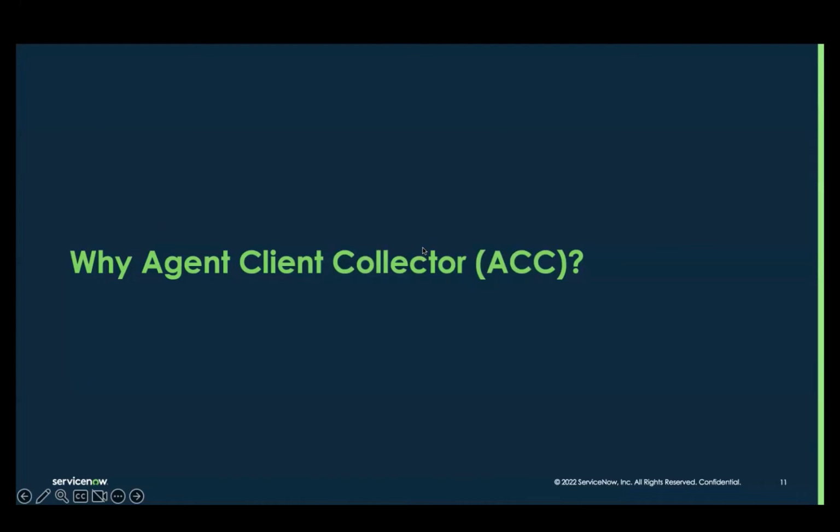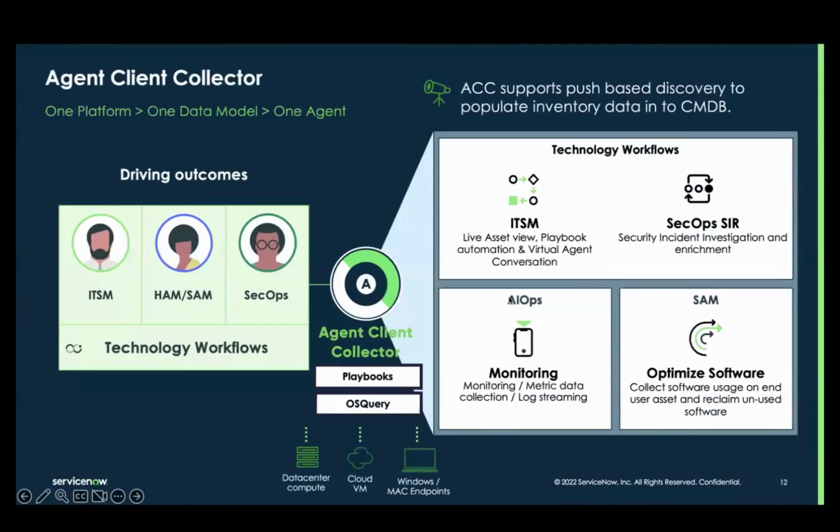And I just want to have another quick look at why ACC, basically. We're going to be really quickly going through what ACC is. It's basically an agent that you will install either on your endpoints or in your DMZ environments. It's essentially an alternative to the traditional discovery method that we saw before, that basically allows you to discover all those environments for which you don't have the right credentials, you can't access them for some reason.